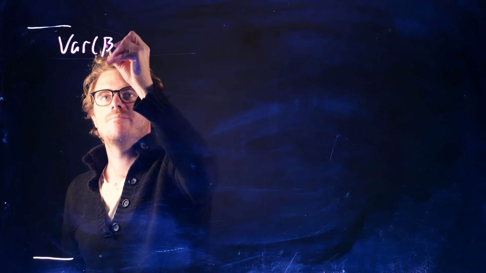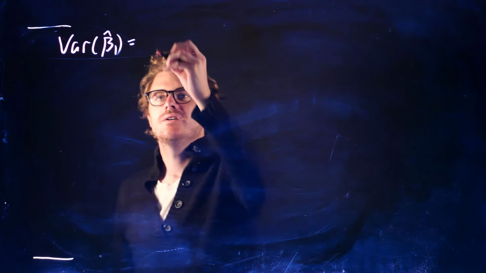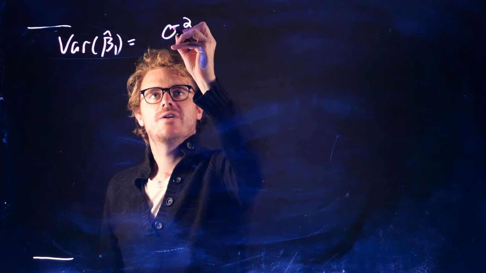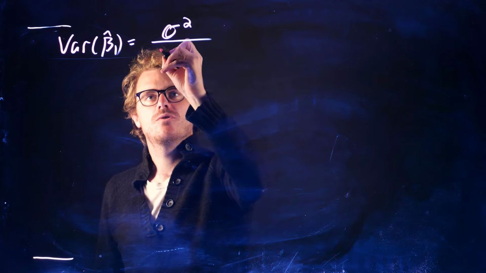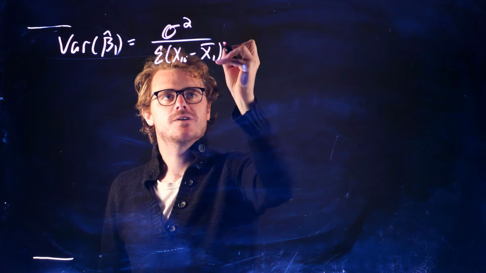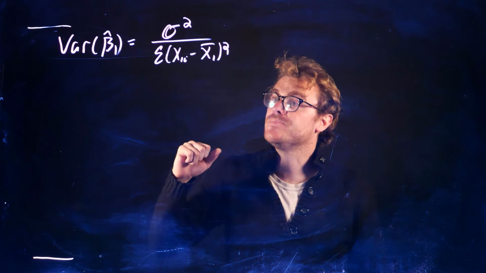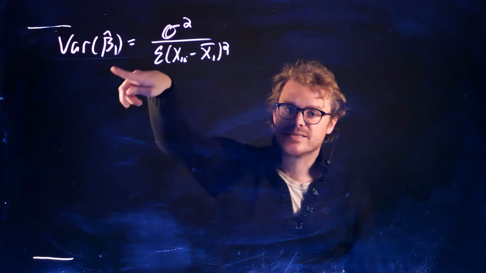All right, so we just showed that the variance of beta hat 1, after just a little bit of algebra, is sigma squared over the sum of x1i minus x1 bar squared, or the total variation in x that we were just talking about. But we can't estimate this yet, right?